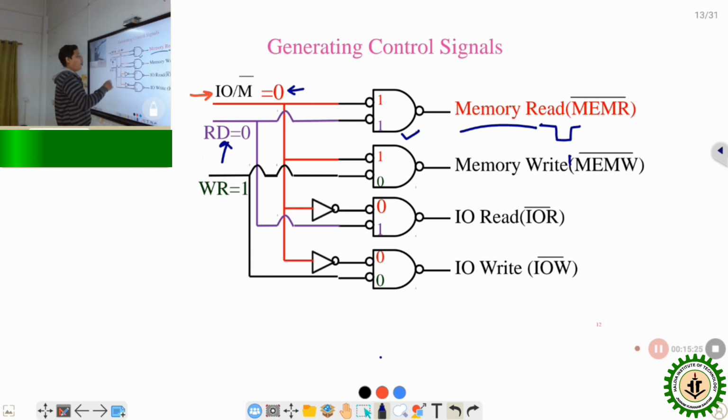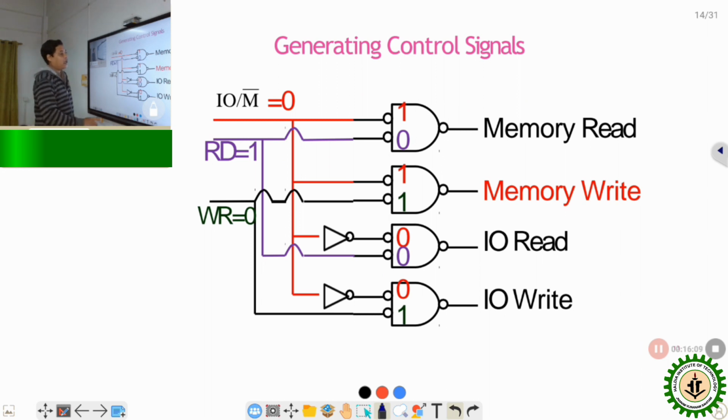At the input side, both IO/M bar and RD bar are 0. These two signals are connected to the NAND gate through two NOT gates, so the ultimate inputs of the NAND gate are 1 and 1, and when the NAND gate inputs are 1 1, the output is low. So when IO/M bar equals 0 and RD bar equals 0, it produces an active low signal, which is used to activate the read operation of the memory.